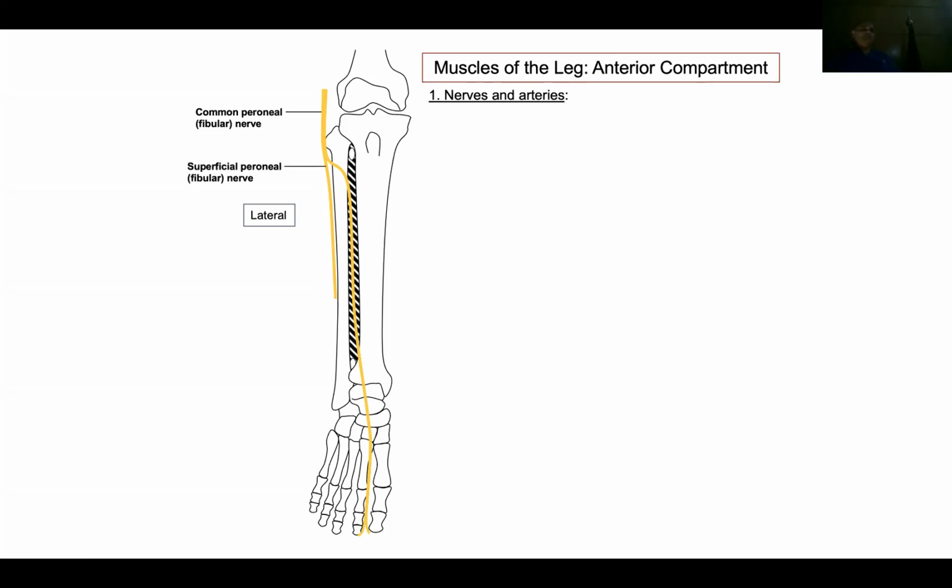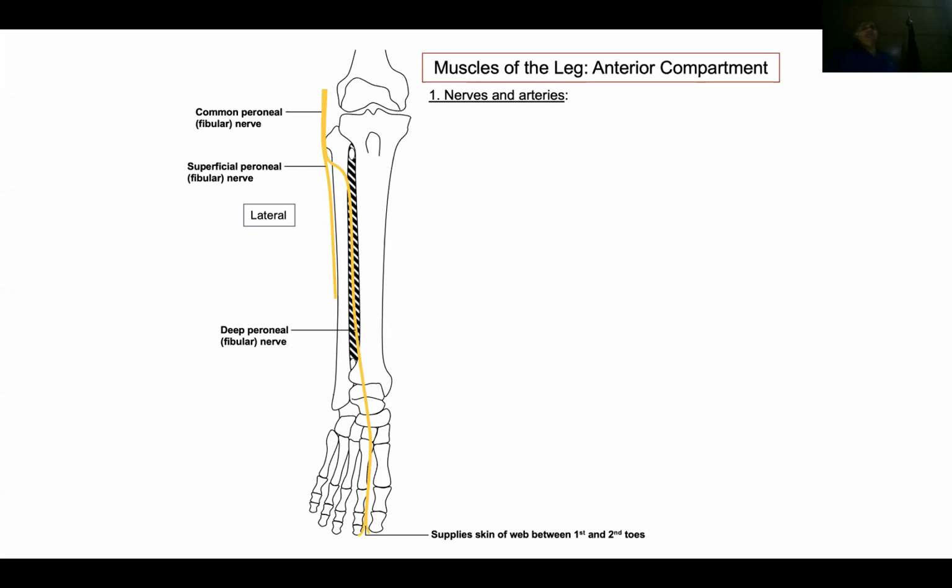The superficial stays laterally, and the deep one comes to the anterior compartment to control the muscles which live here. That is the deep branch, the deep fibular nerve. Are we good? Then it goes all the way down. Where?